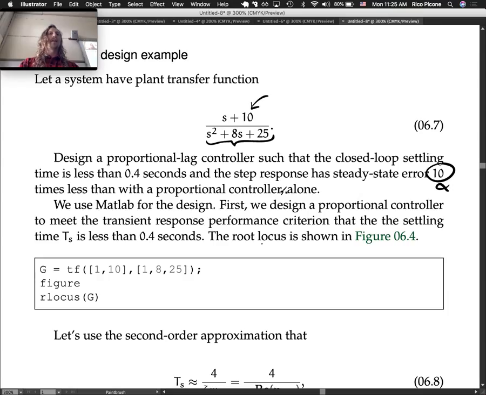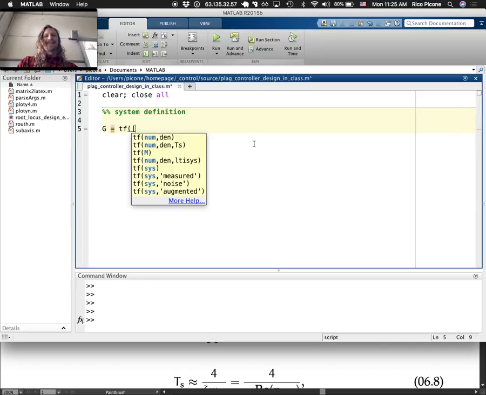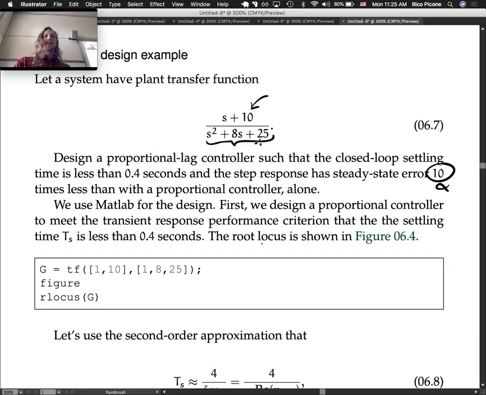We're going to use TF instead of ZPK. Why is that? It's not factored, so we don't know the poles. We know the zero, but we don't know the poles without factoring, and we don't want to factor, not because it's hard, it's just we don't want to. So the numerator coefficients are 1 and 10.